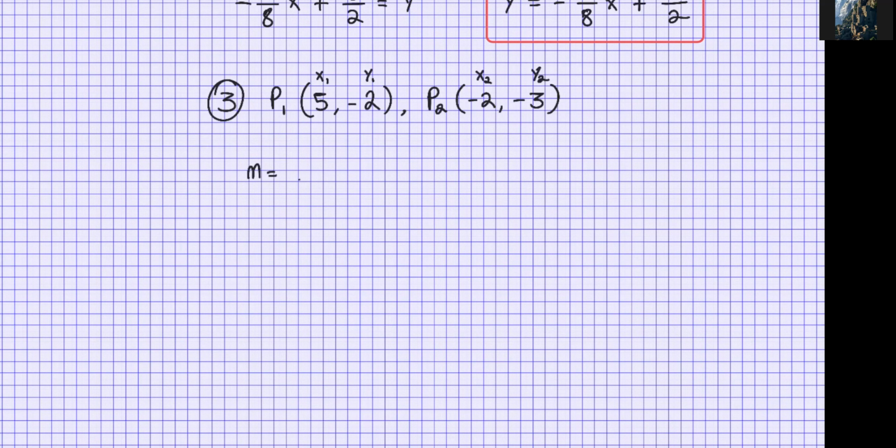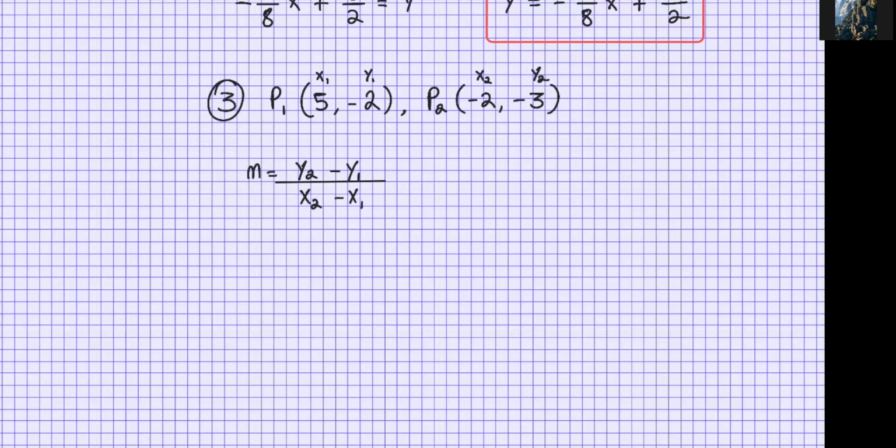The slope is y2 minus y1, and everything will be divided by x2 minus x1. We have to do this first because we don't know the slope, so we need to calculate it first.